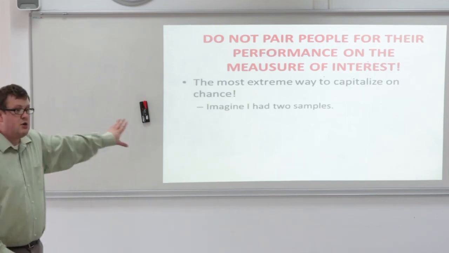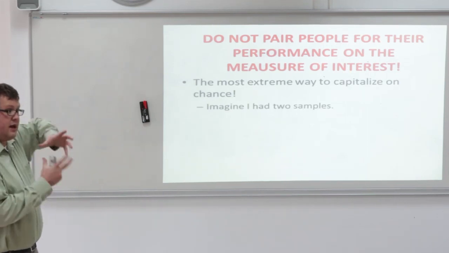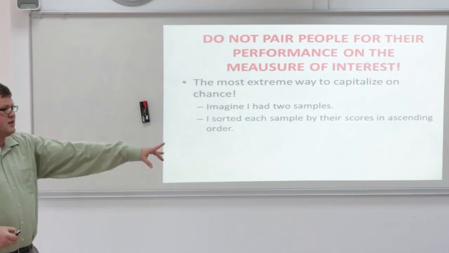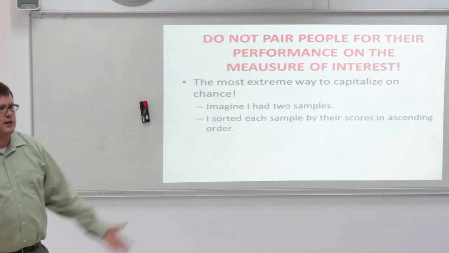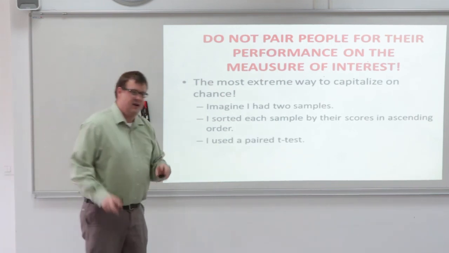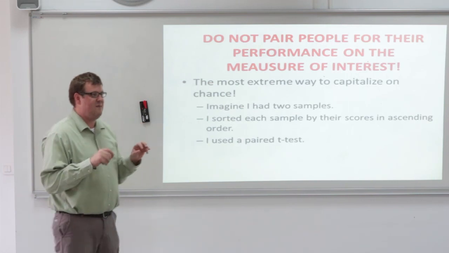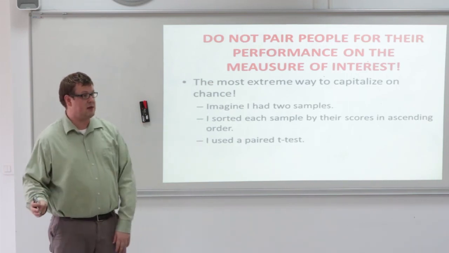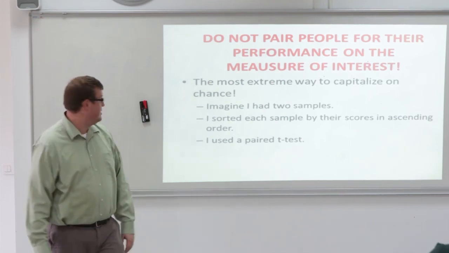If we had two samples, and I do, for the data that I've been talking about, I can sort them. You can use this function called sort to sort the data. So I used a paired t-test on the independent data, and I sorted both of them. So the lowest went with the lowest, and the highest went with the highest.